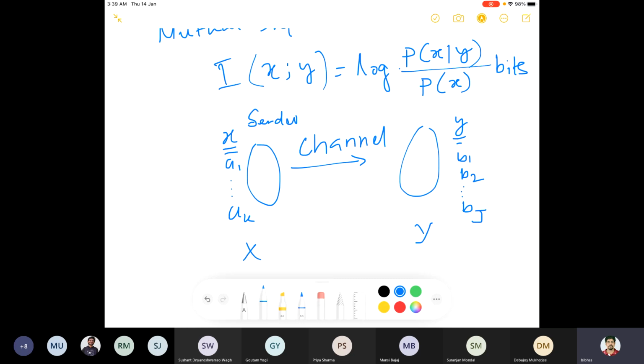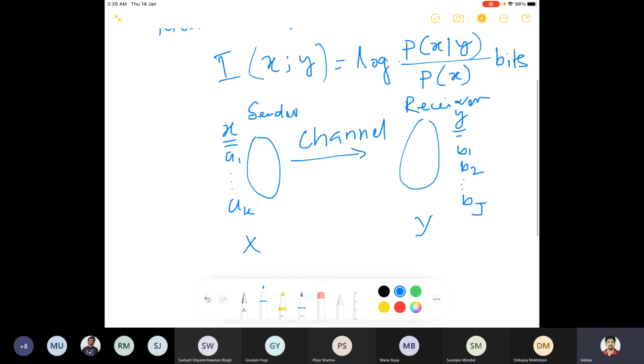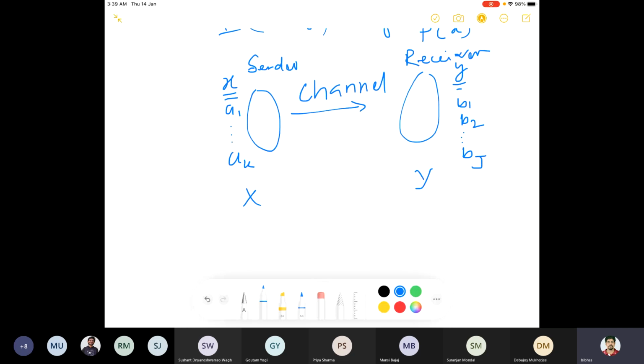When some ai or ak is sent, one of these bj's is received. So this is the sender and this is the receiver, and the receiver receives something when the sender transmits.